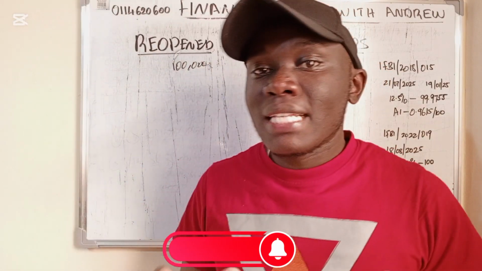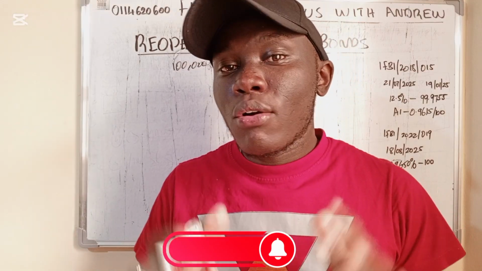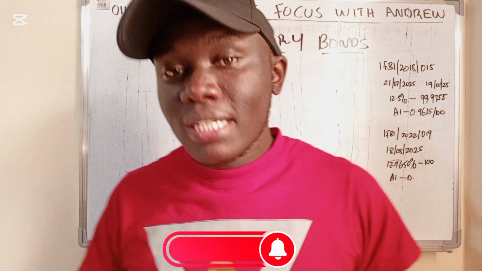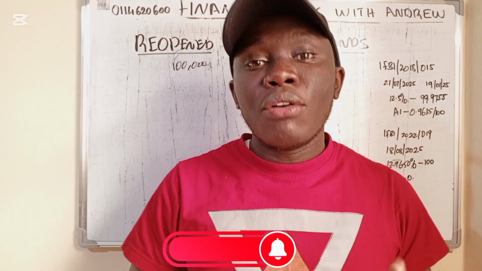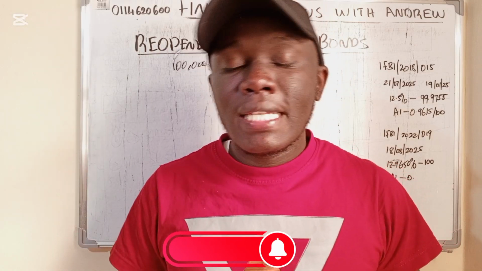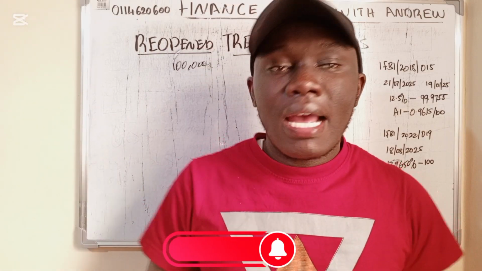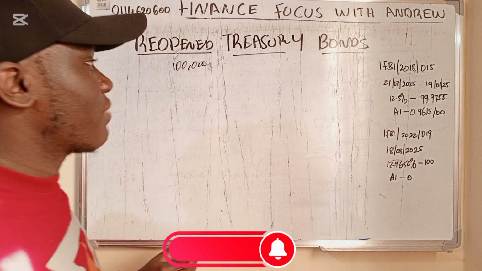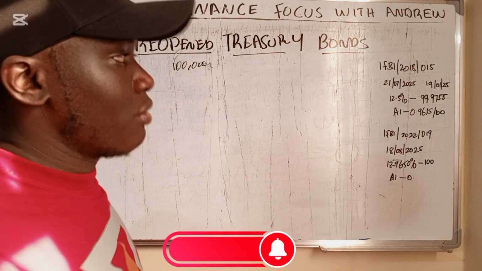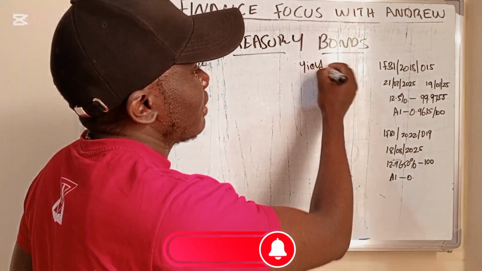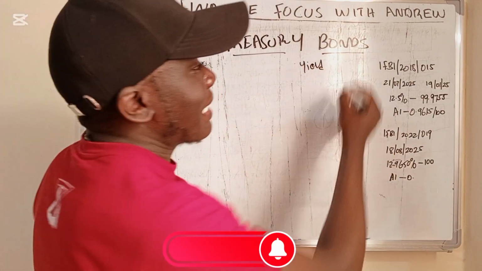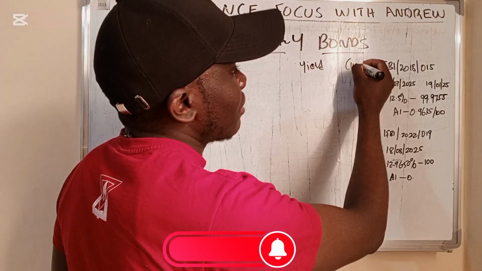Now, there is a way of determining the price of reopened bonds. Whenever the bond is issued, along with the prospectus, the Central Bank of Kenya issues a table that shows the possible yields and the possible clean price. Take note of this.